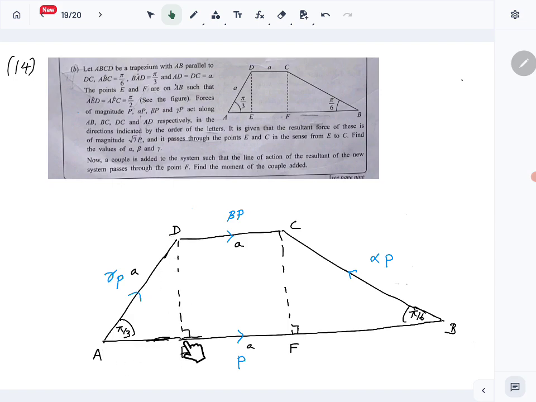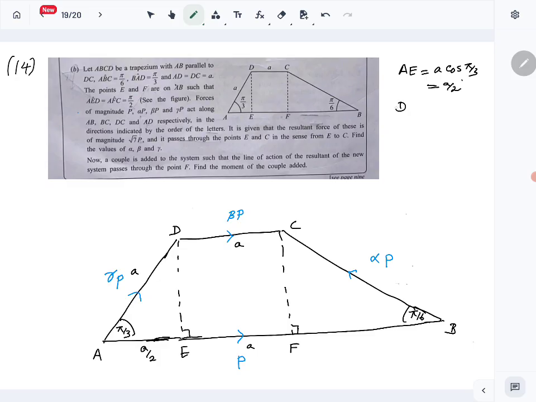You look at ADE triangle, then AD cos pi over 3 is AE. So this length is what? A over 2, because AE is A cos pi over 3. So that is A over 2.